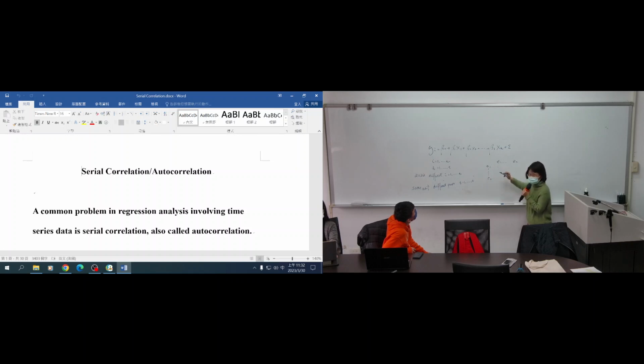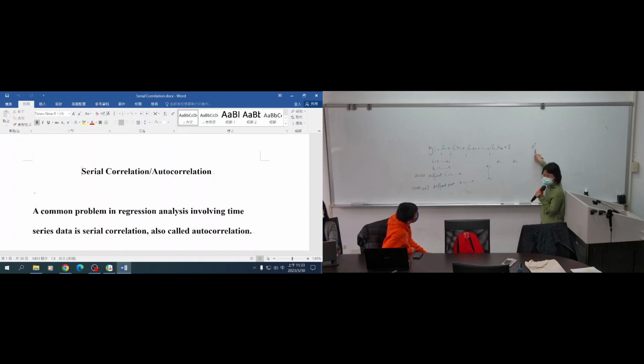What we see here is the covariance. Heteroscedasticity is about the ones from 1 to n.